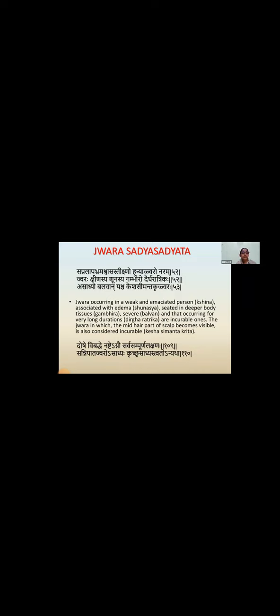And coming to the next step of Sadhya Sadhyata, he's telling there are some complications like Sapralapa, Brahma, Shwasana, or even Tishno, Hanya, Jwaro, Naram, Jwaraha, Kshinasya, Shunasya, Gambiro, Dhairya Ratrikaha, Asadhyo, Balavan Yascha, Kesha Semantakar Jwaraha. Some of the Arishta Lakshanas are mentioned here, because as I told, the Jwara may not always be very simple, because it is the Vyadhi Sankara, or the Rogagraja.